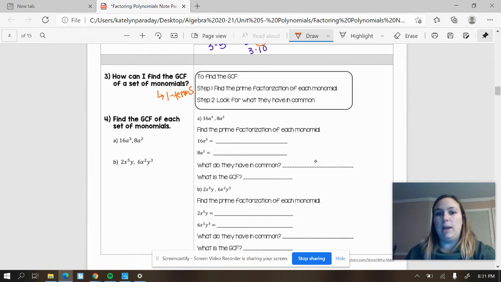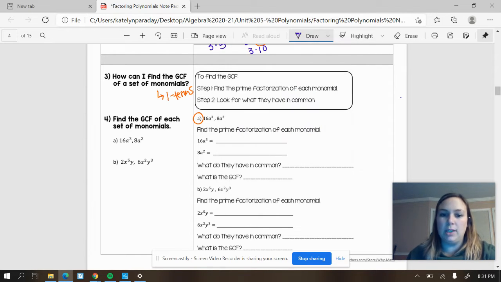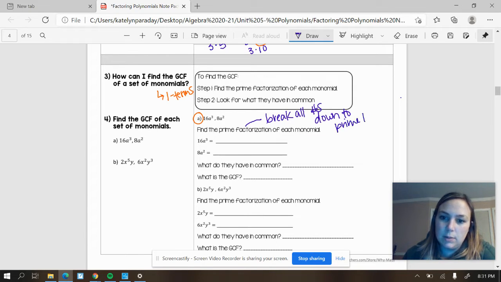So finding the prime factorization, here's our first example, 16a to the third and 8a squared. When I prime factorize, this is just one way to do this. It means I'm breaking all numbers down to prime numbers.